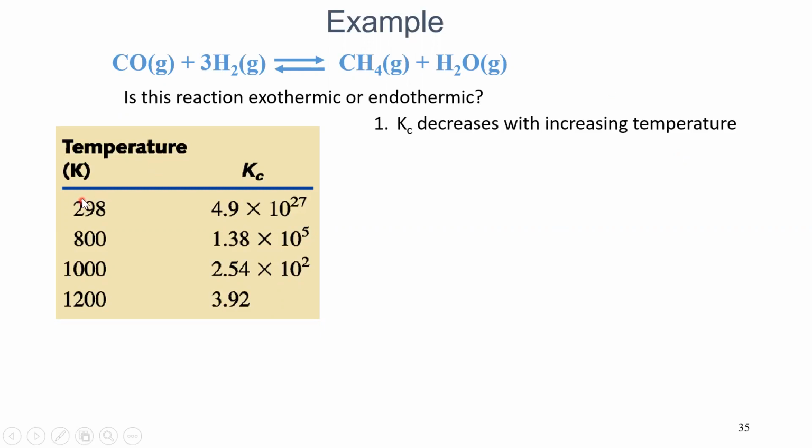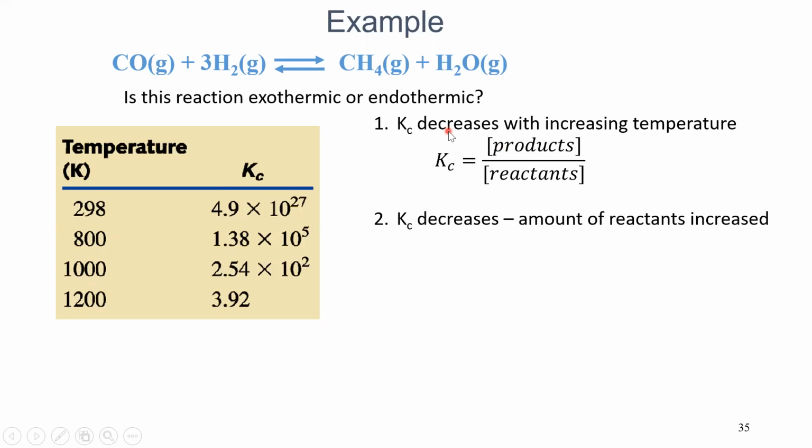When the temperature goes up, K goes down. That's what the data table tells us. Remember that K is your products over your reactants. So in order for K to go down, either the amount of reactant has to go up, or the amount of product has to go down.